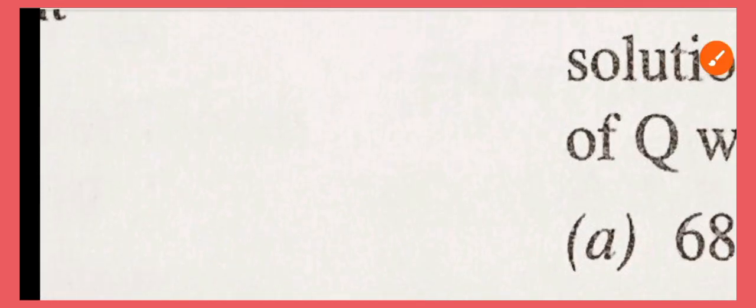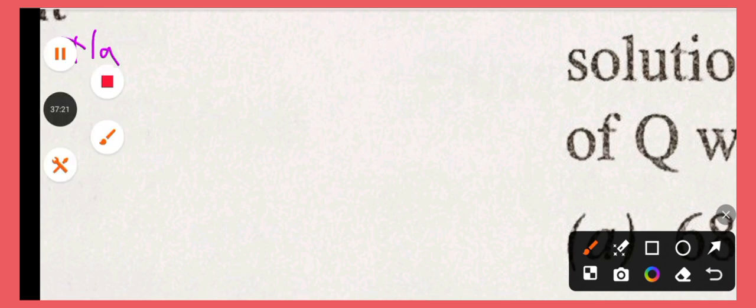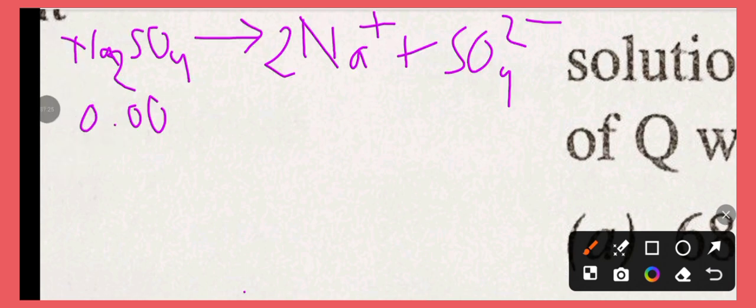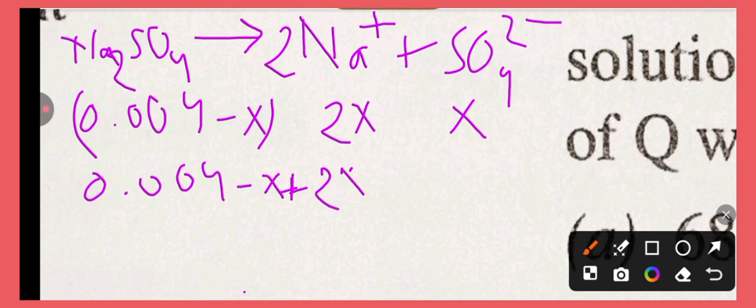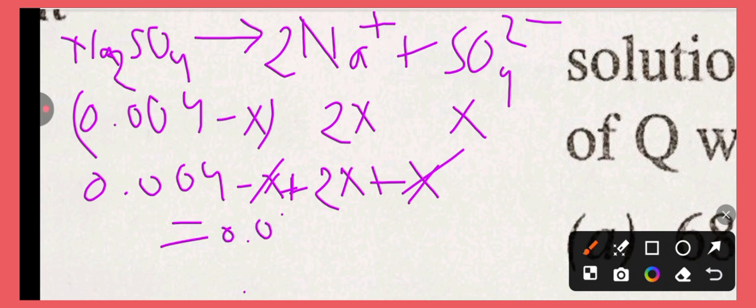Let's solve this question. When Na2SO4 dissociates, if the moles of Na2SO4 is given as 0.004 minus x, here 2x and x are present. The total concentration is 0.004 minus x plus 2x plus x, so 0.004 plus 2x is equal to 0.01, since the solution is isotonic.